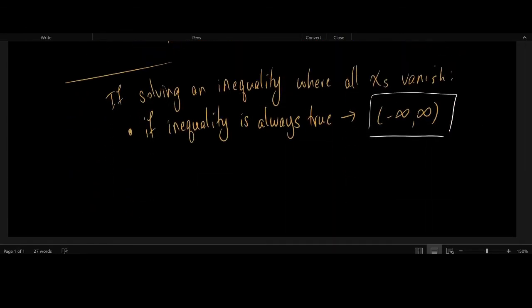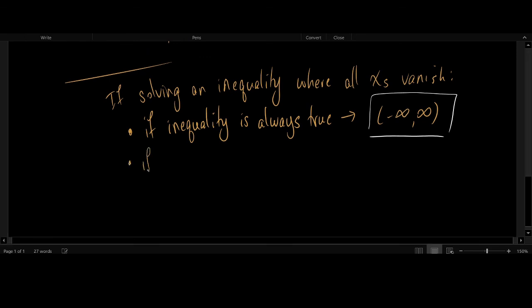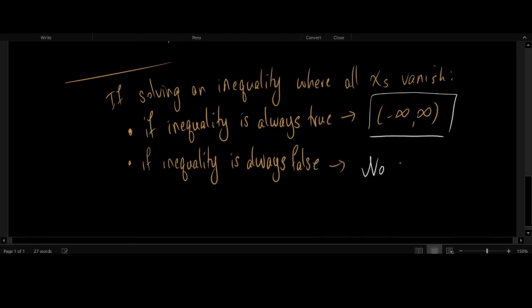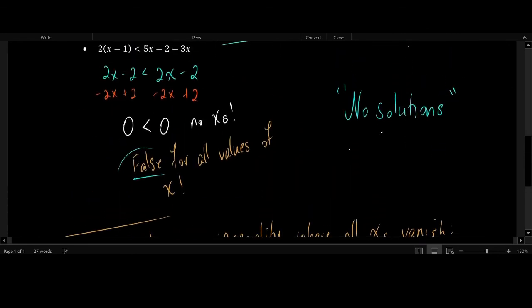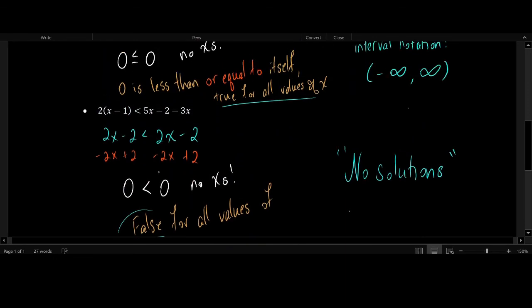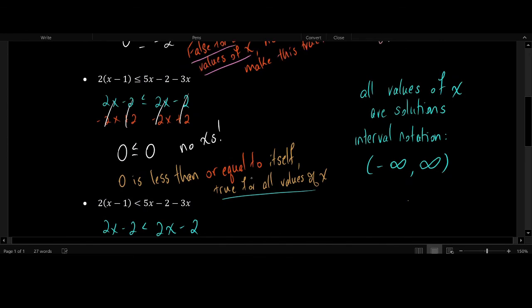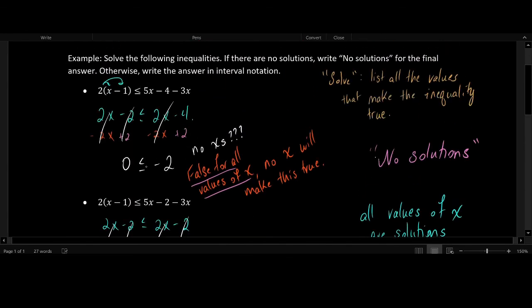But if the inequality that you get is always false, then you can conclude that there are no solutions, such as 0 less than 0, and such as 0 less than or equal to negative 2.